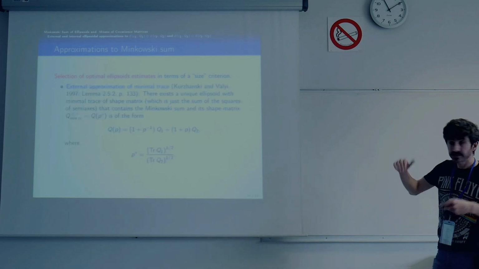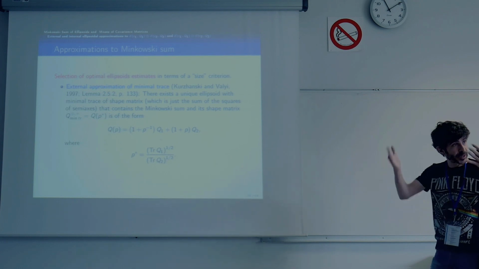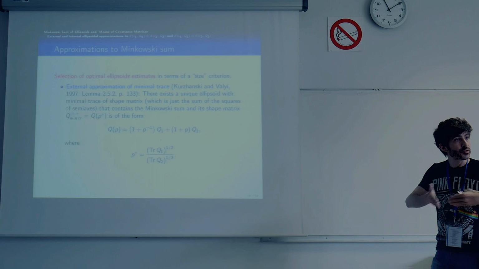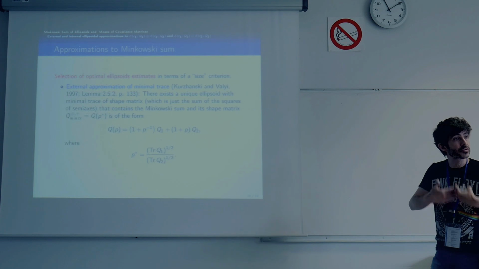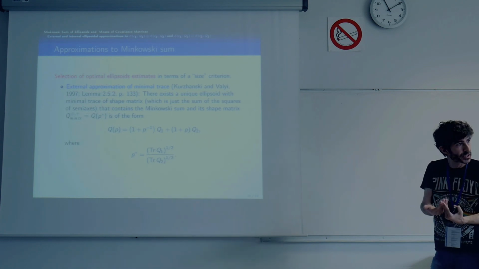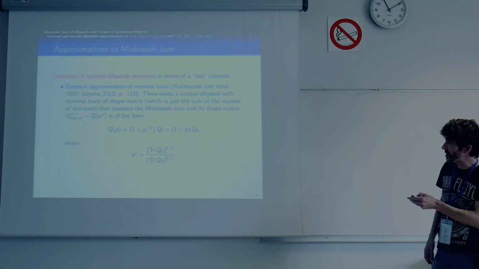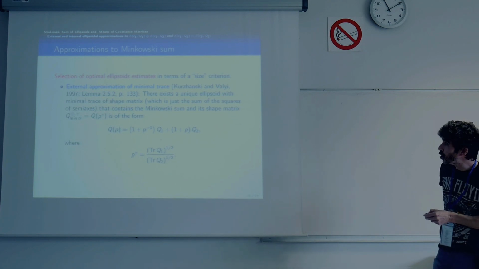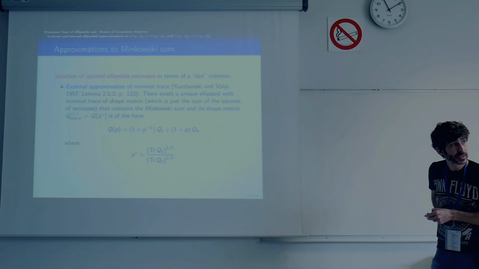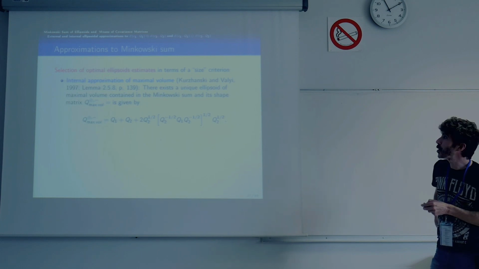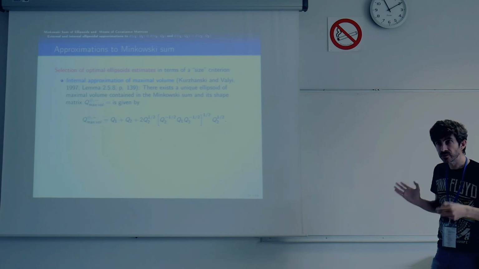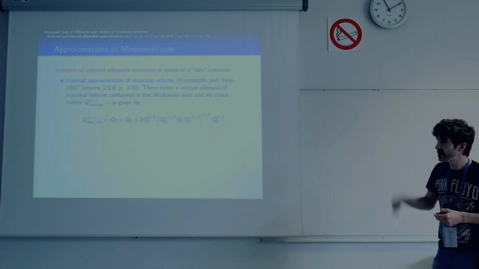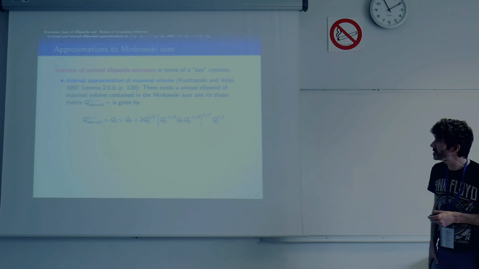This corresponds to taking the previous expression, which depends on L, computing for instance its volume, differentiating with respect to the direction, and trying to find the direction which is optimal. For instance, this is the expression of the optimal external ellipsoid having the minimal trace. Here we are more interested in the optimal internal one, having the largest volume, which is contained inside the approximation. So this is basically finding the right direction, and this is the expression.